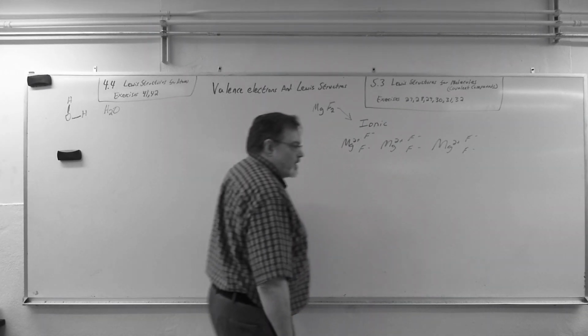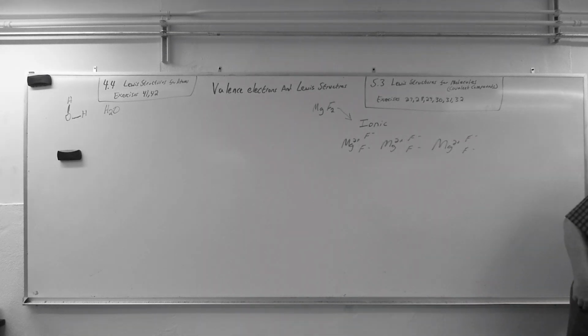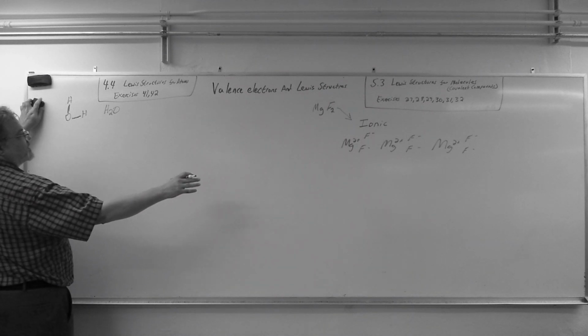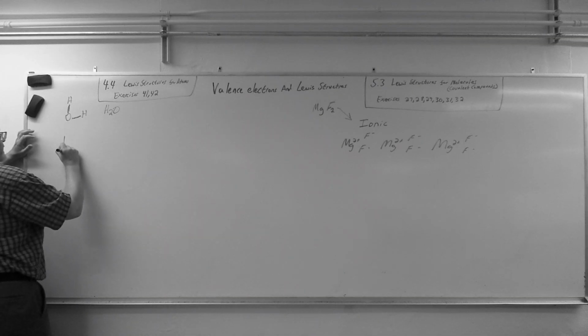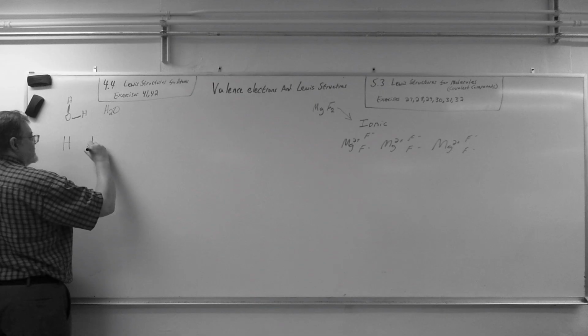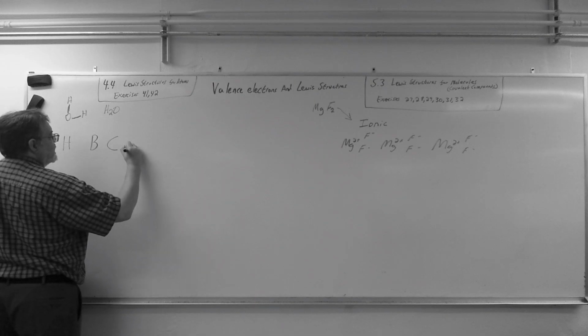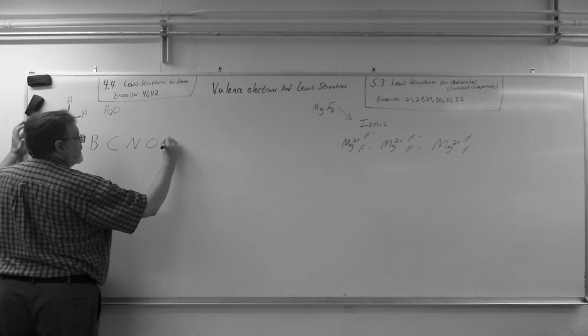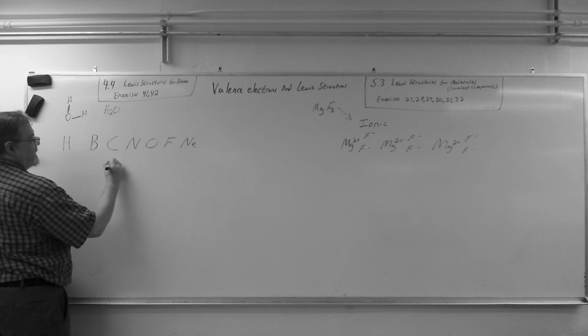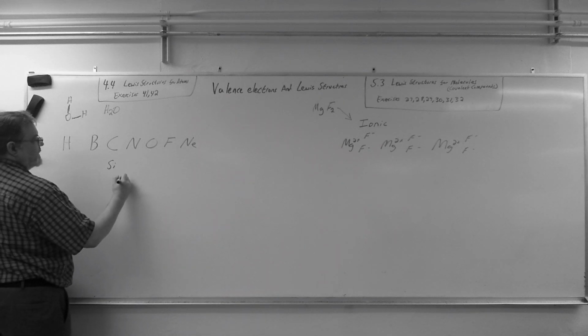If I just jotted it down real quick, here are the atoms we need to focus on for this discussion of covalent compounds. There's hydrogen over on the top left. I guess I'll include boron. That and maybe silicon, but it didn't show up in too many things.